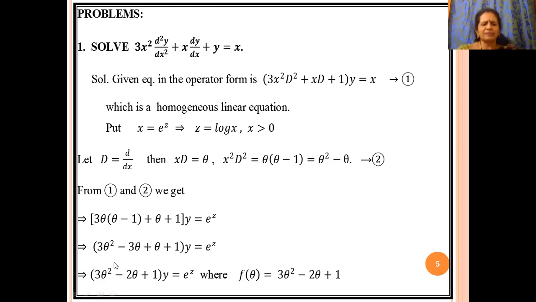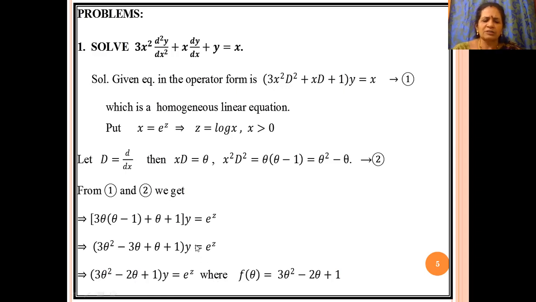Now simplify: 3 theta square minus 3 theta plus theta is minus 2 theta, so (3 theta square minus 2 theta plus 1) y is equal to e^z.